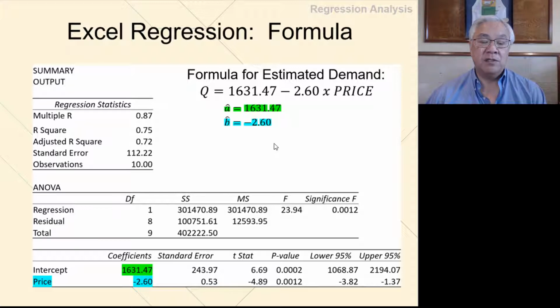So it's negative 2.6, and then price is the independent variable. So the formula is easy, and Excel does a good job making it easy to pluck off because it just has the term of what it is next to the coefficient.